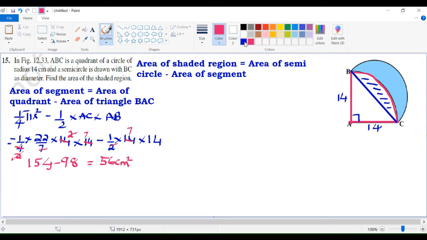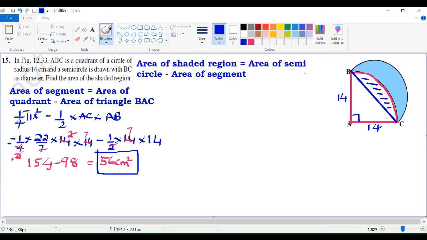So area of the segment is ready. Now we need to find area of semicircle. Then only we can subtract area of the segment from that.